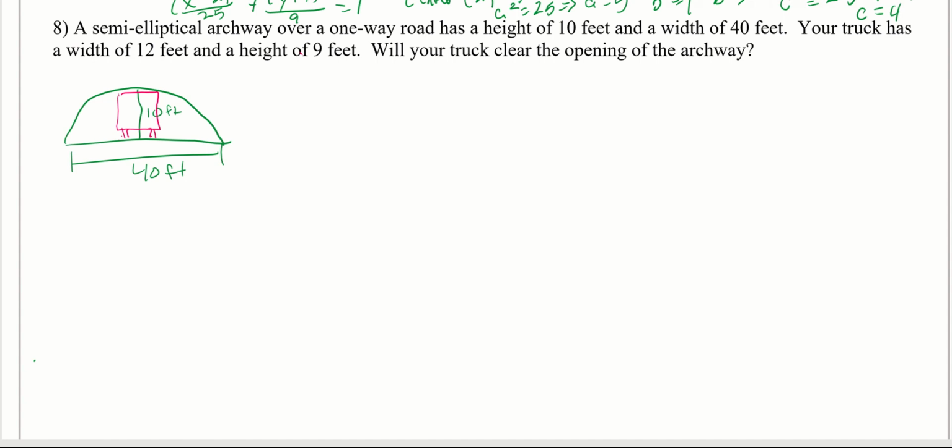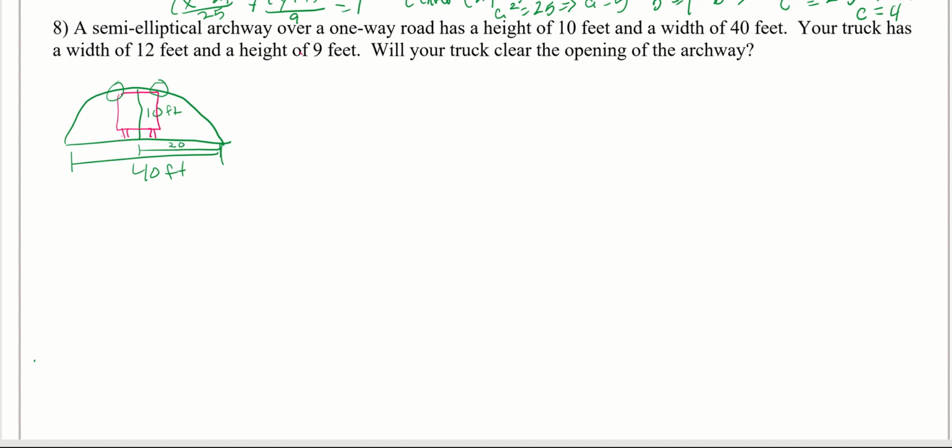So first, right, our biggest problem's right there or right there. So we want to figure out what is the height of the arch at those points. Okay. So first we need to set up an equation for these guys. The big thing here is I already have the A or the B, whichever way you look at it, of my minor, but be careful, this is the major.